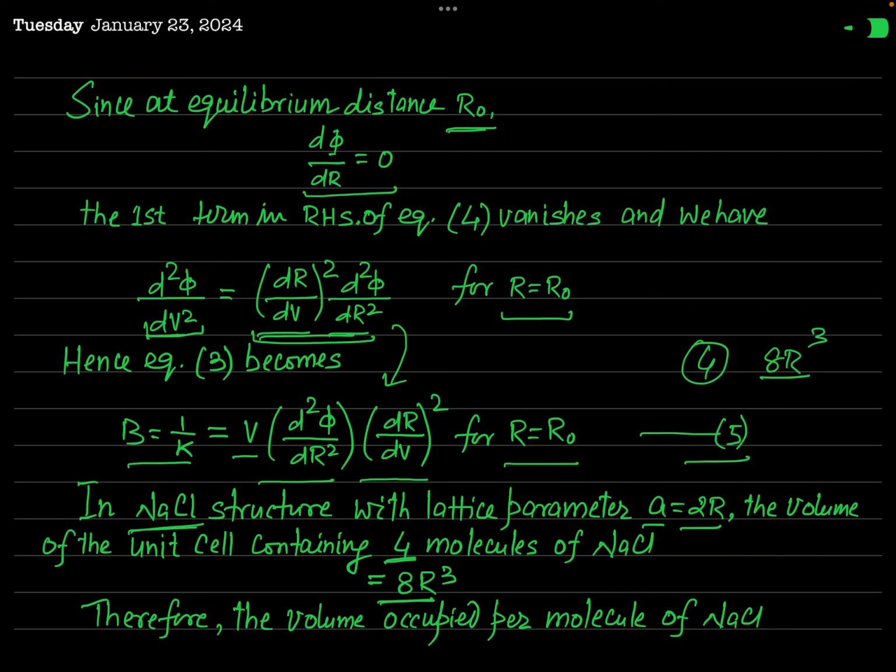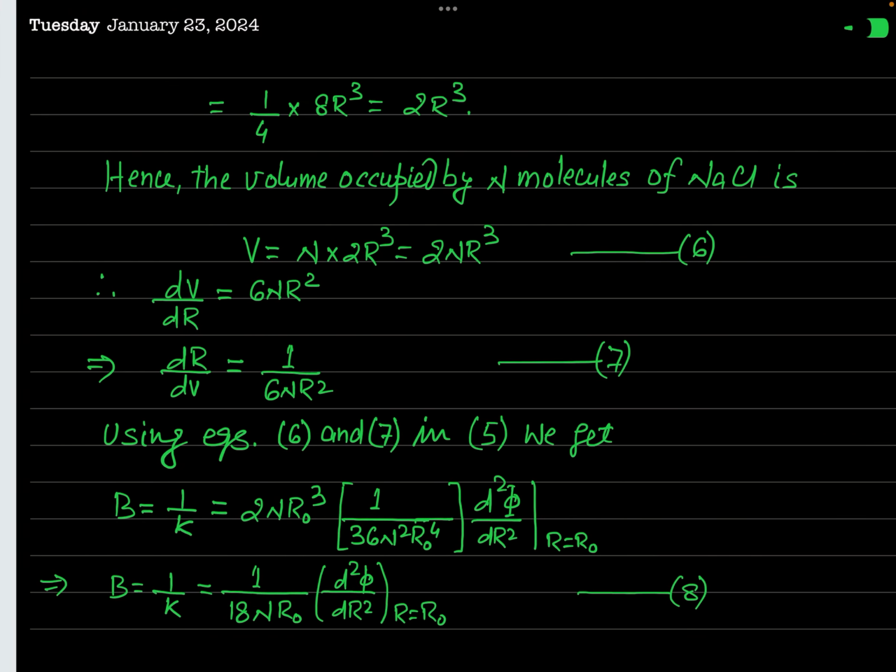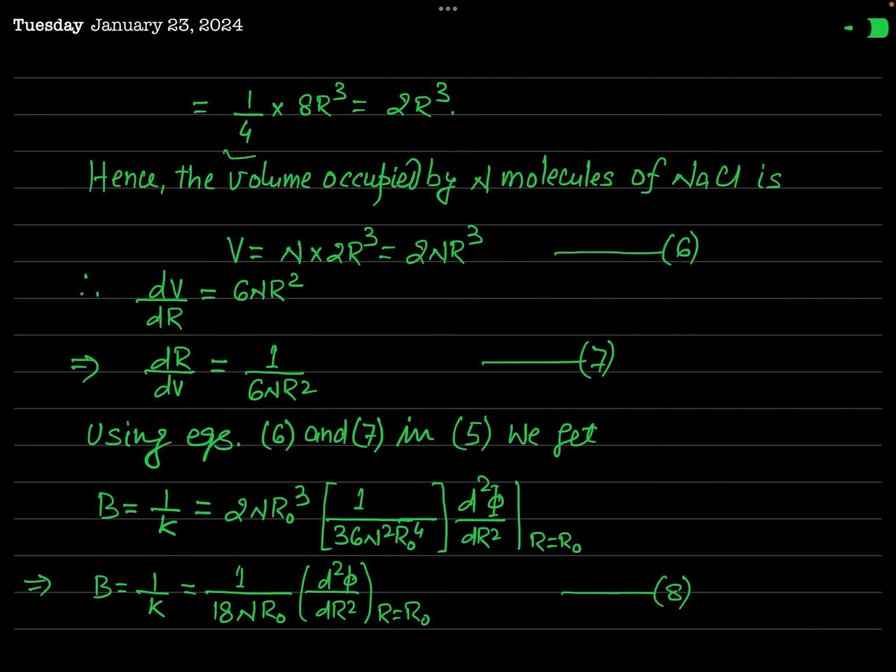Since the volume of 4 molecules is 8R cube, the volume of one molecule will be simply 1 over 4 times 8R cube. Okay, so the volume occupied per molecule of NaCl is 1 over 4 times 8R cube, and that will be equal to 2R cube. So this 2R cube is the volume of each molecule of the NaCl crystal.